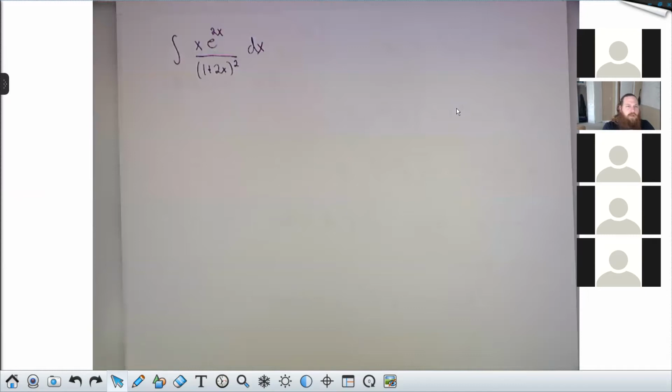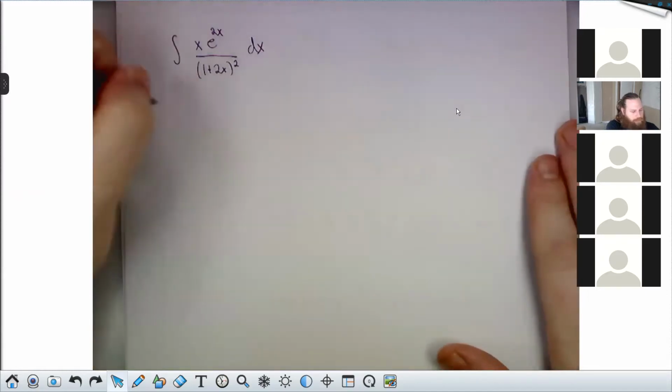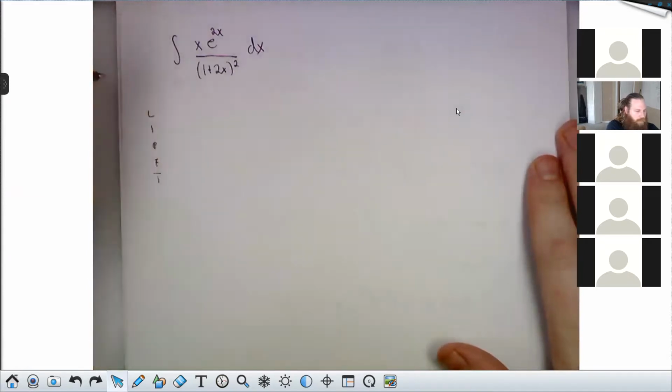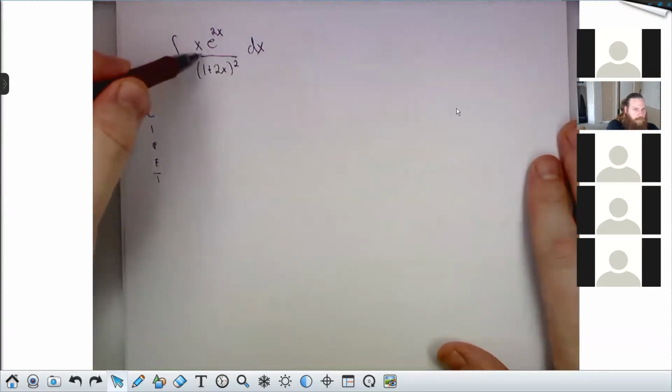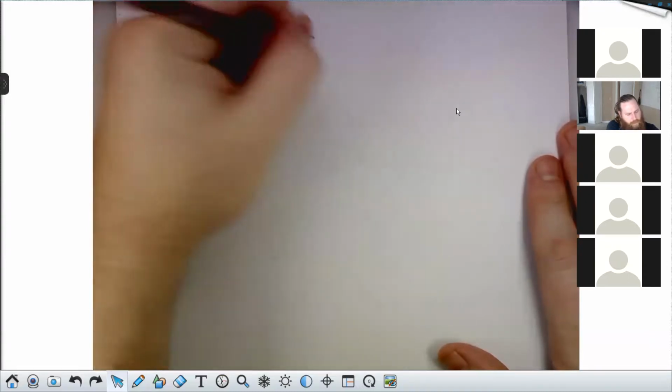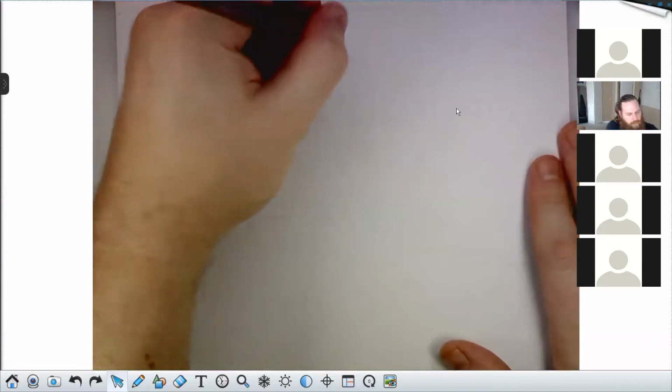Yeah, it's interesting. It's not entirely obvious to me even what we should do. But let's look at our LIATE rule. It's true that this piece up here is polynomial. But maybe the thing to do here is to peel off the exponential.